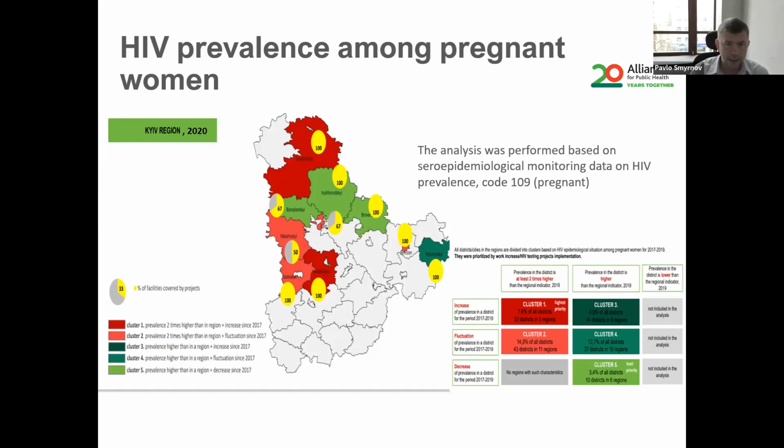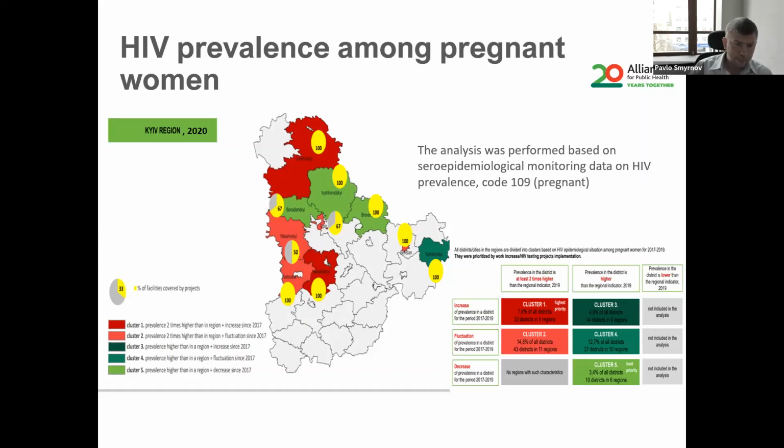So we can see there is a high prevalence in some districts among pregnant women, and there is a rising prevalence as well, which indicates more risky behavior in recent years, which could probably mean that there are, for example, sexual partners of people who inject drugs or sex workers, and we need to look closer to those areas and see if we can cover these populations.